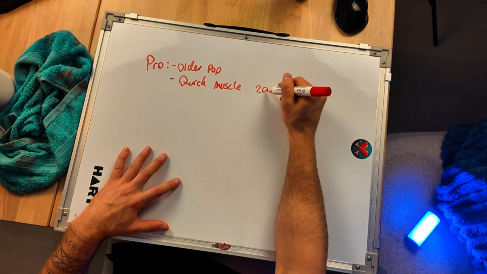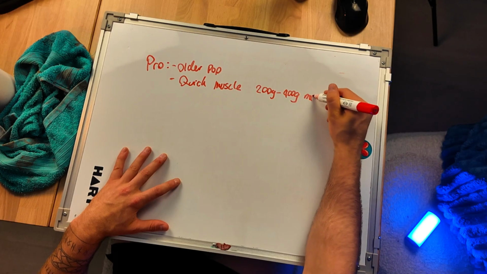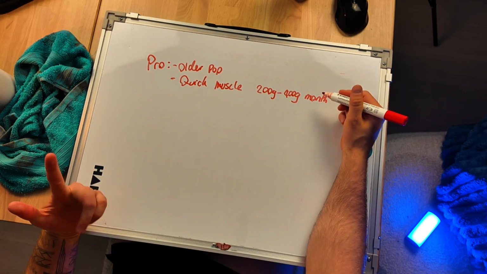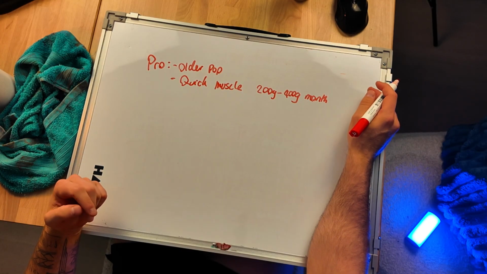I always say it's between 200 and 400 grams per month if you've got perfect nutrition, perfect sleep regime, and a perfect diet, like diet or nutrition regime. However, that will vary, but 200 to 400 grams is kind of what I expect for most clients each month, probably more towards 200 than 400.